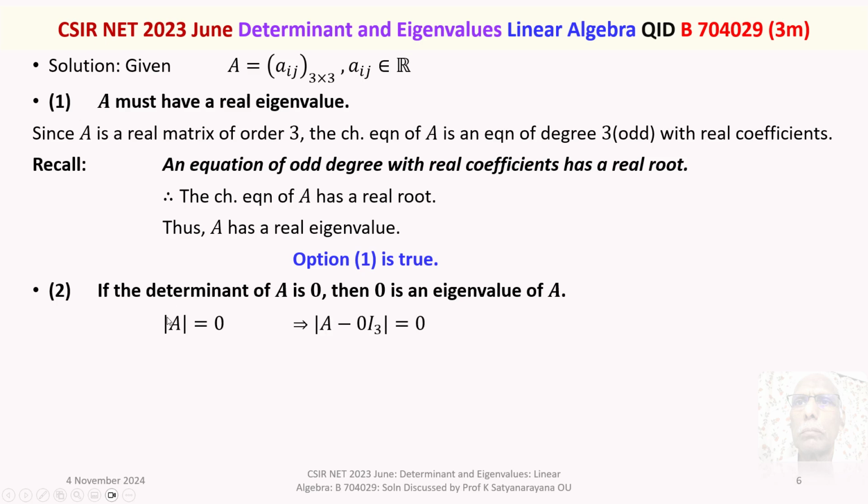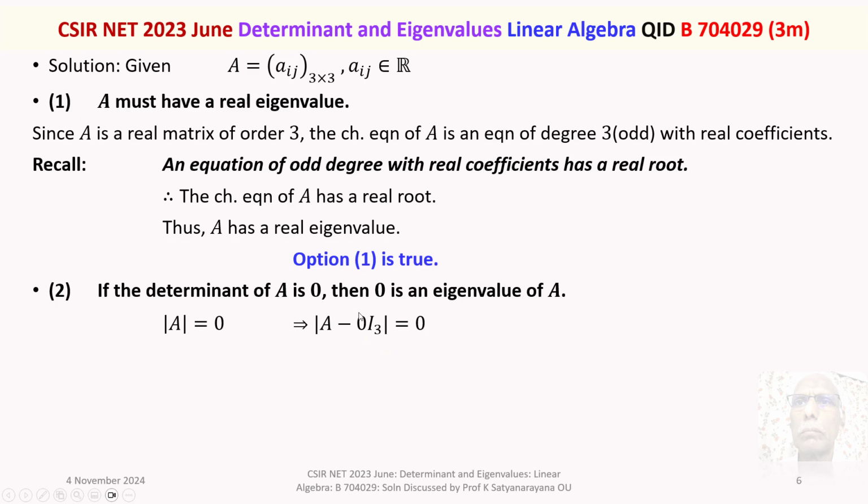Determinant of A is 0 implies determinant of A minus lambda I3, where lambda is 0, is equal to 0.